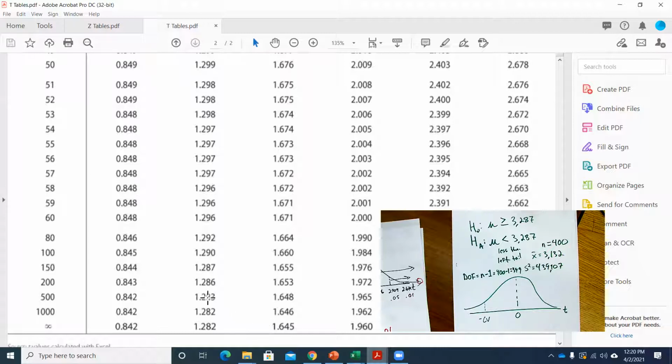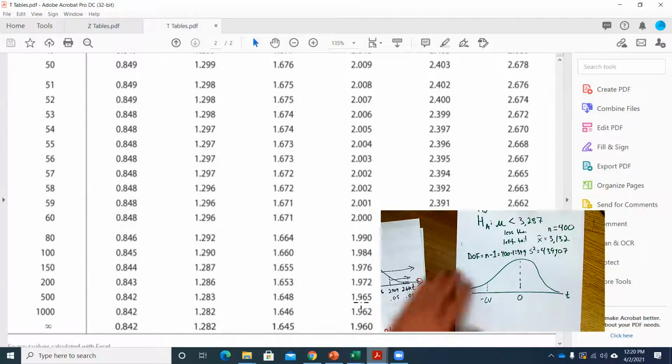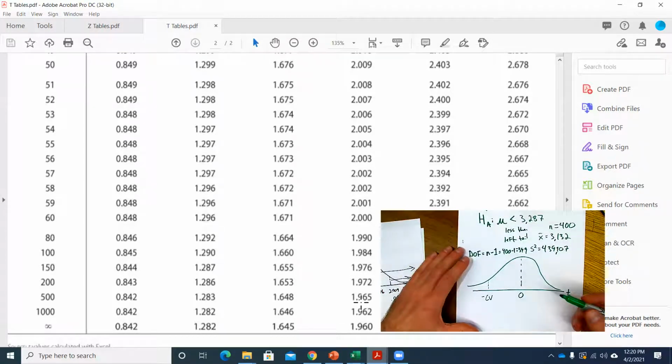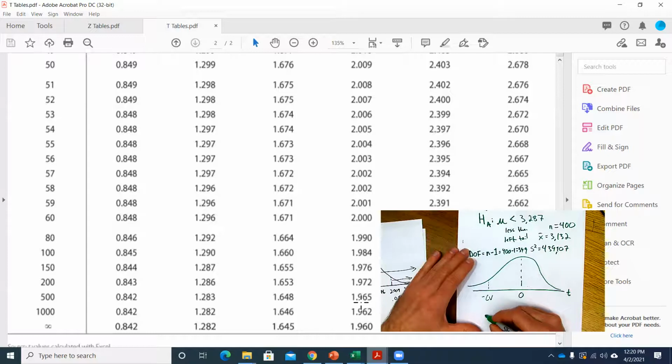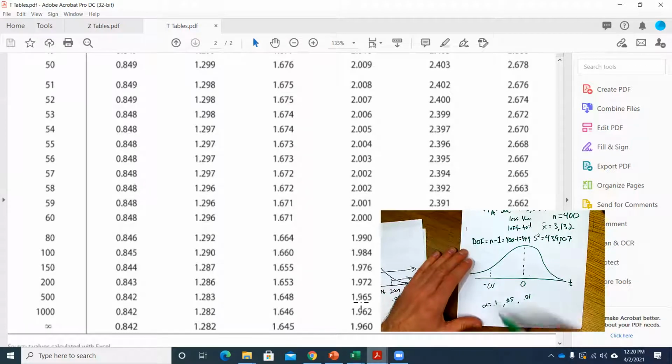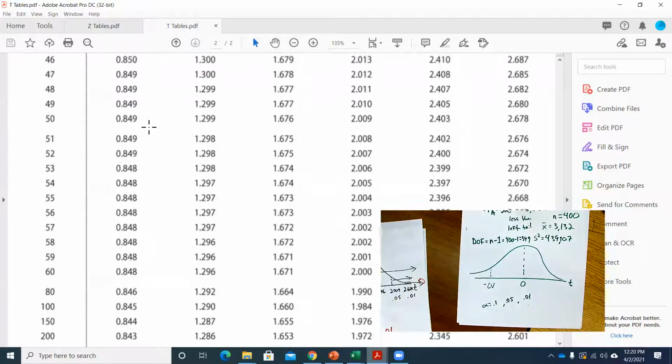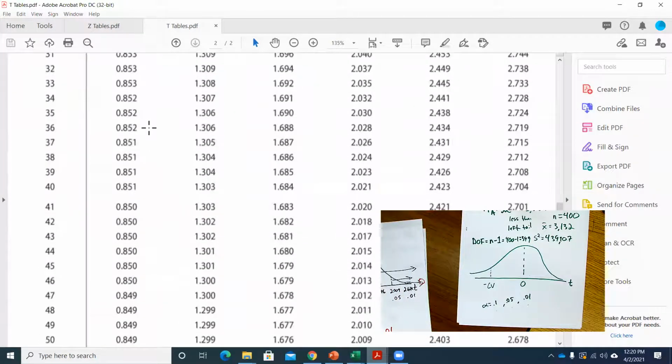So if we want to be a little more precise here, what are the areas that we want in the tail? Our typical alphas are 0.1, 0.05, and 0.01. So the area we want in the tail is 0.1, 0.05, 0.01. So we go up here.